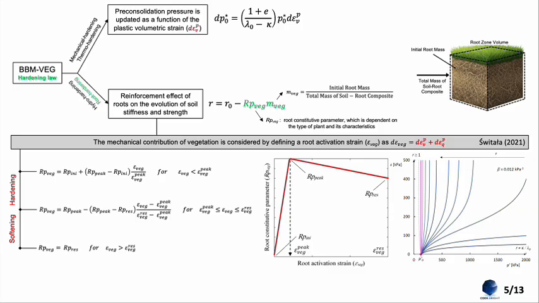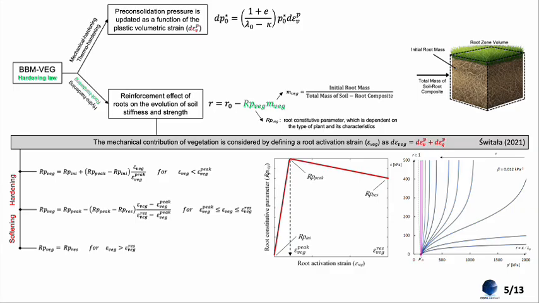But in terms of vegetation, we define two items to make a progressive hardening and softening for the behavior of the soil. So it is defined with three items: R initial, peak, and finally it will reach the residual condition, with the strain at residual level.